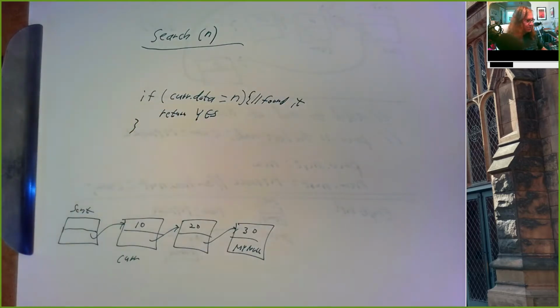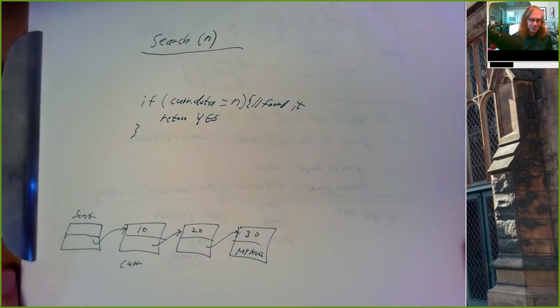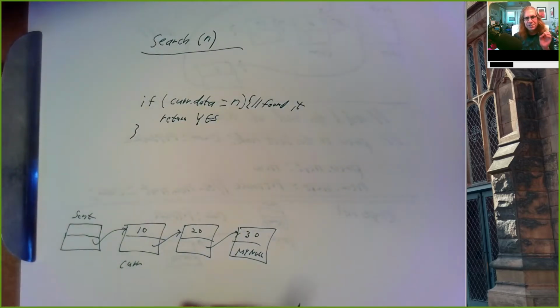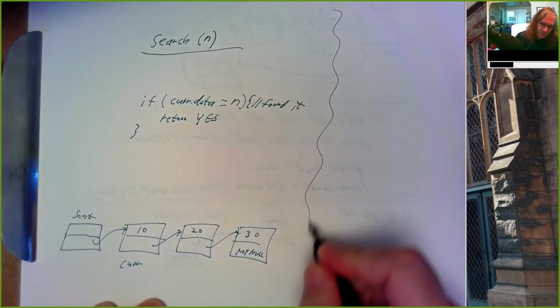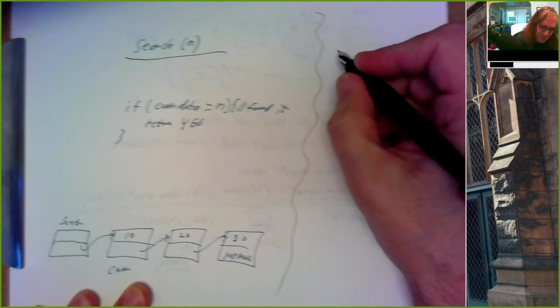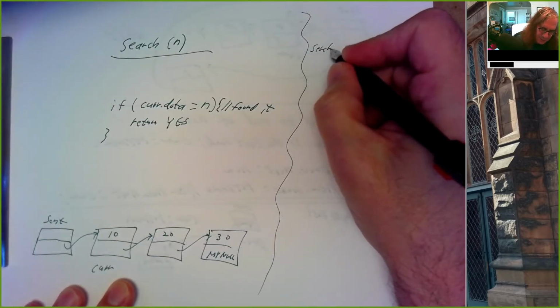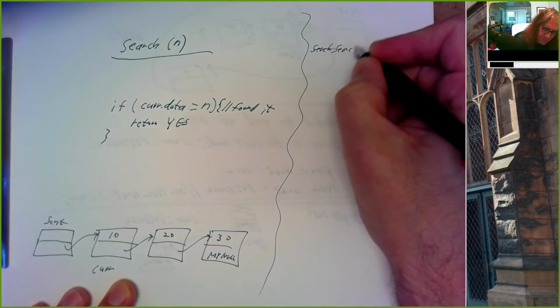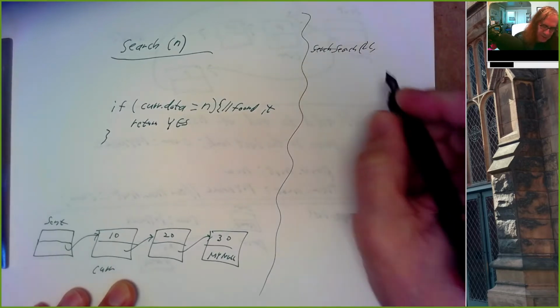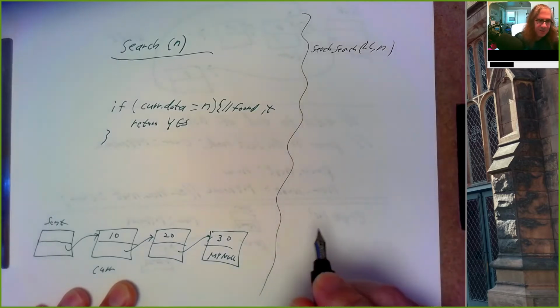I'm going to make a note here, though, because remember, current is an integer. So if I'm actually coding this up in C, I can't say current.data, right? Current is an index into our array. And so, here's my ignore section. Maybe we're doing search, and we're passing in a struct node array and an integer n.